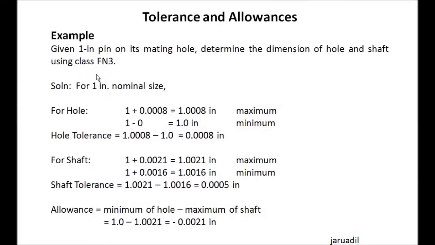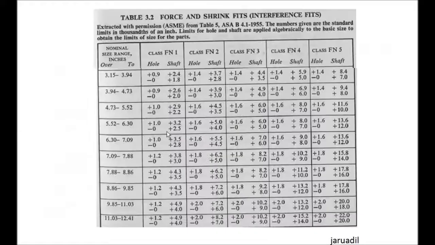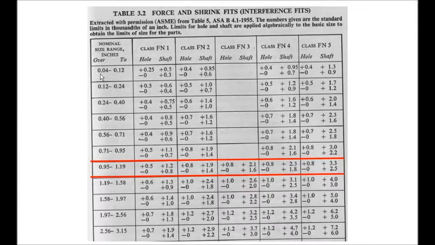So, for example again, given 1 inch pin on its bearing hole, determine the dimension of hole in shaft using class FN3. So, solution for 1 inch nominal size for hole, meron tayong tolerance na 0.008 and 0. Tingnan natin. Class FN3. So, 1 inch siya, nandito yung 1 inch between 0.95 and 1.19.